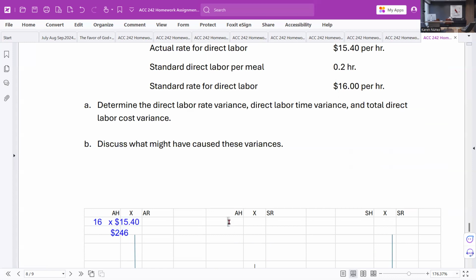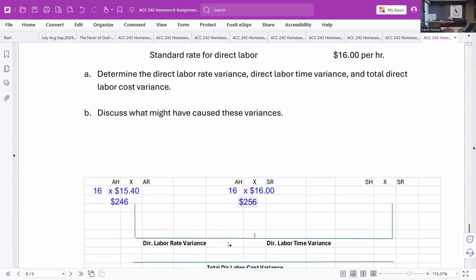But they should have, for those 16 hours, paid them $16 an hour, which means that labor should have cost them 256. So we have this favorable variance, $9.60 favorable. And if it's favorable, it's a negative number. So they paid a little bit less for that labor, 60 cents less per hour.